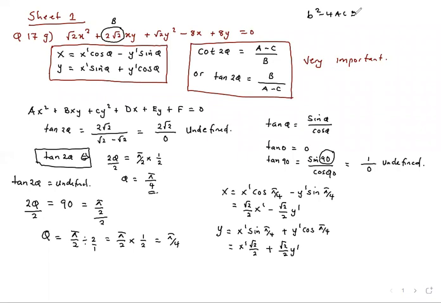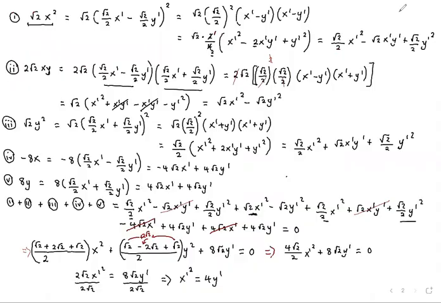You guys have forgotten. That's 8 minus 4AC, that's 8 minus 8, which is 0.